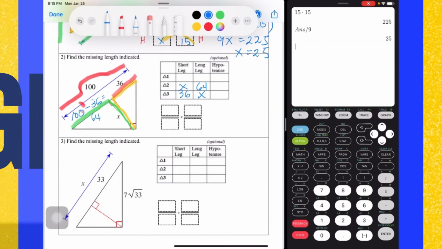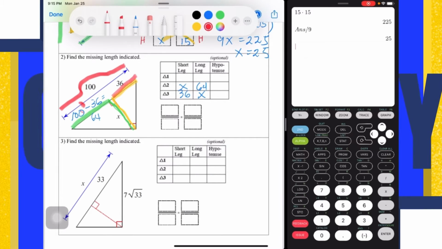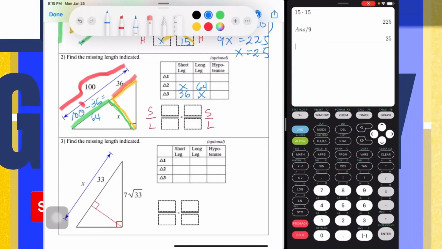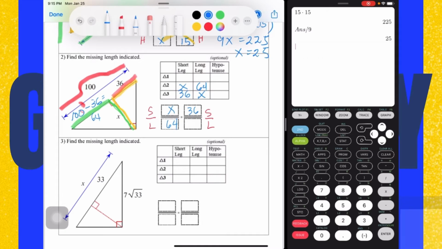Now, in setting up my proportion, again, I'm going to compare short leg to long leg of triangle 2. Since I'm comparing those two parts of triangle 2, I'm going to follow the same comparison on triangle 3. And I'll end up with x over 64 is the same as 36 over x.